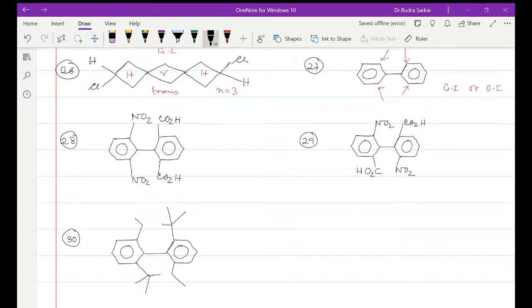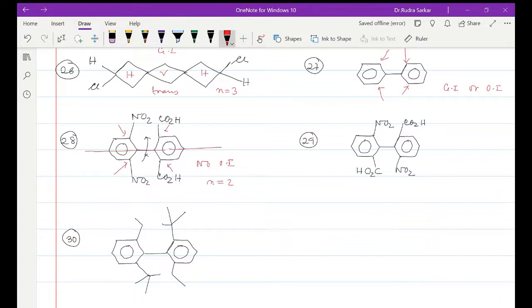Even though the rotation across this bond is restricted because of these bulky groups present on these carbons, there will be a plane of symmetry bisecting this molecule into two equal halves. For that reason there is no OI possible, even though the stereogenic axis over here has n equal to 2, that is even.